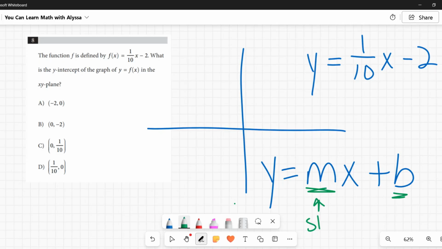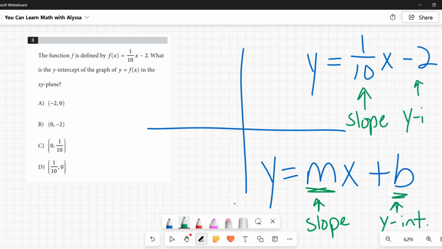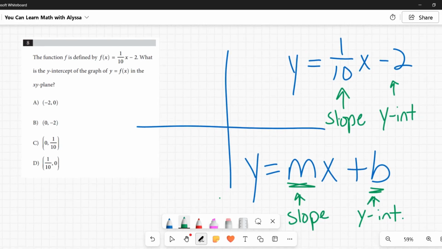The m here is our slope, and the b is our y-intercept, always. So in this equation of a line, y equals 1/10 x minus 2, I know that 1 over 10 is my slope, and -2 is my y-intercept.